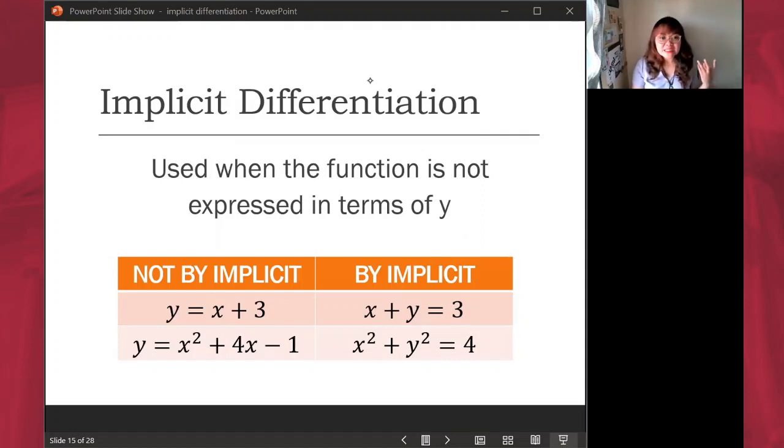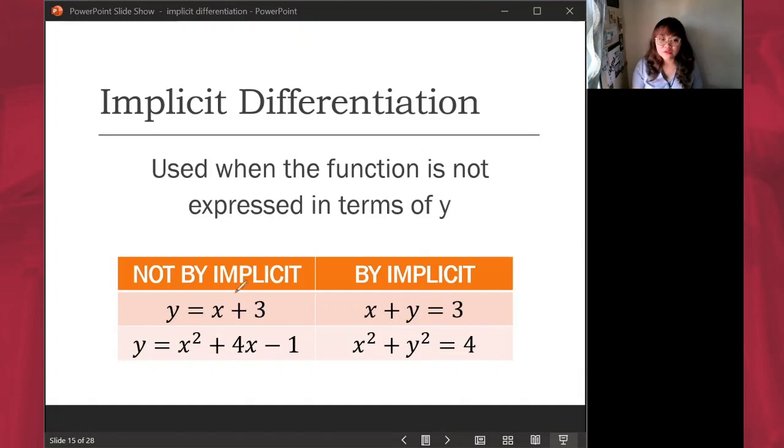These are explicit expressions because they are already equated to y or to f of x, whereas these are now implicit functions on the right side because your x or your y is mixed with the other variables. It's not directly expressed in terms of y.